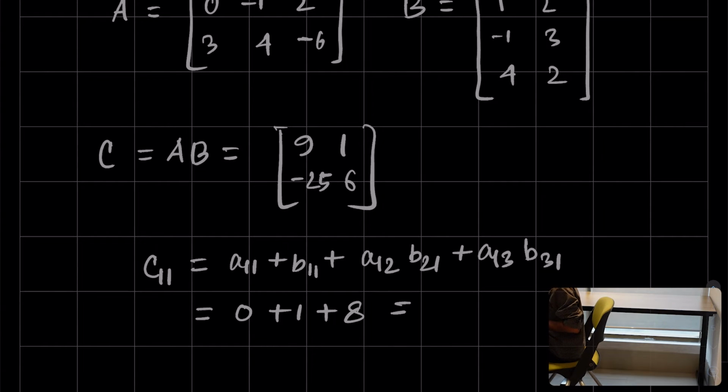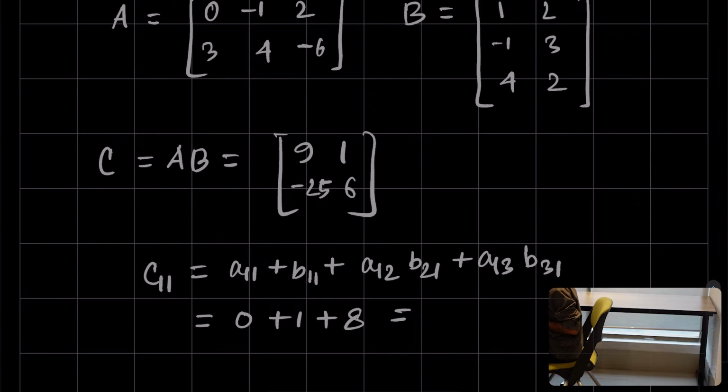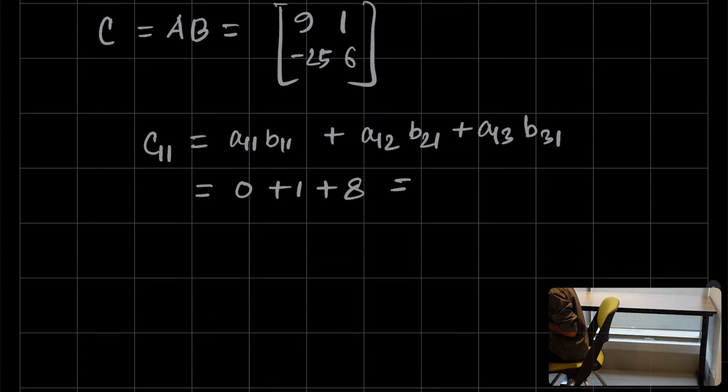Here a11 entries come from the matrix A and b11 entries come from the matrix B. The lowercase a and b come from matrix A and matrix B. So this is the matrix multiplication, and this equals 9.